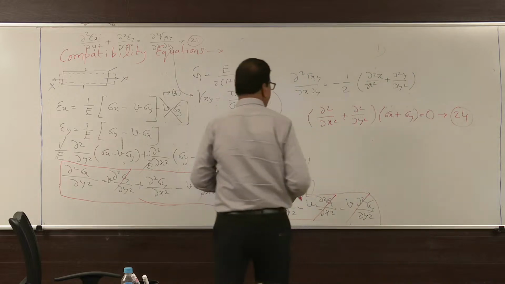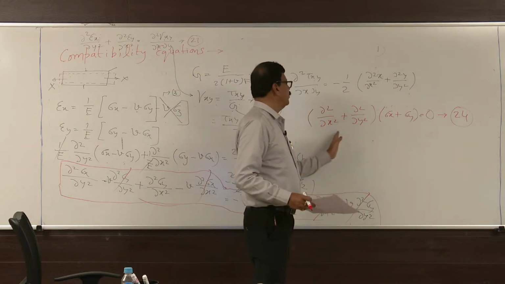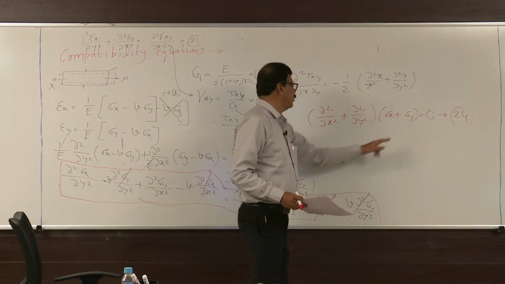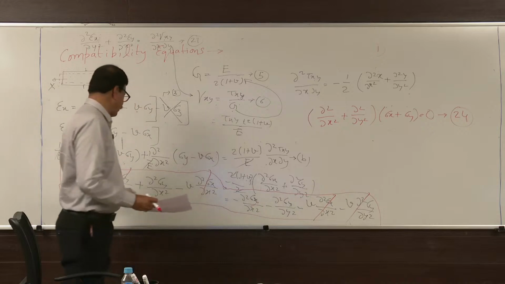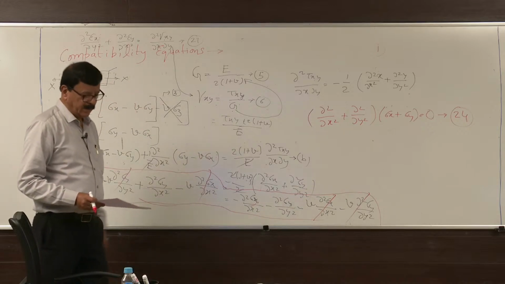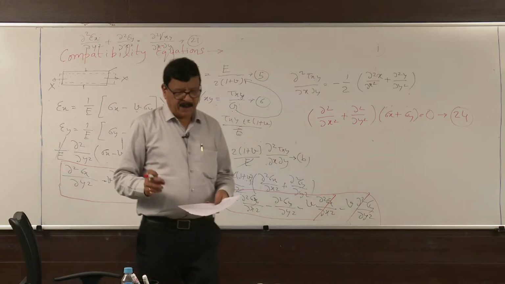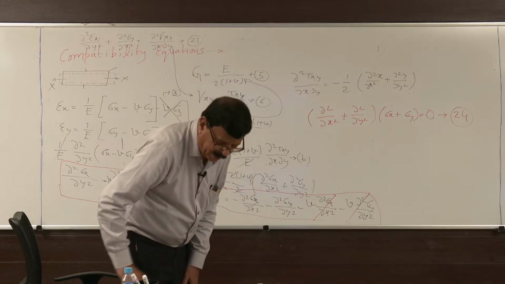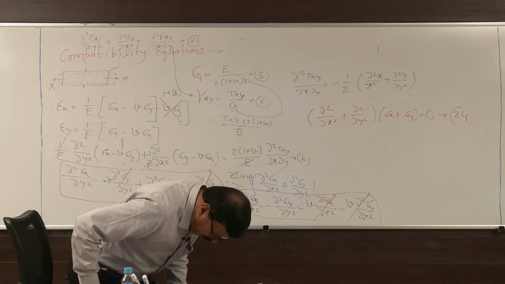If you open this, you multiply this term by these two, this term by these two, you will get the same thing. So the previous one, 21, was the condition of compatibility, and this is the equation of compatibility.